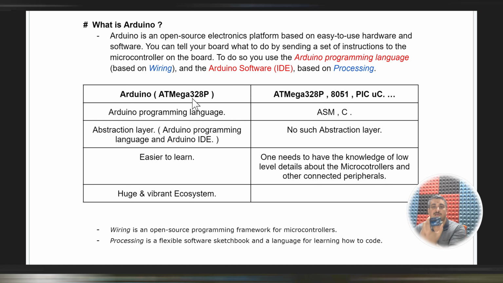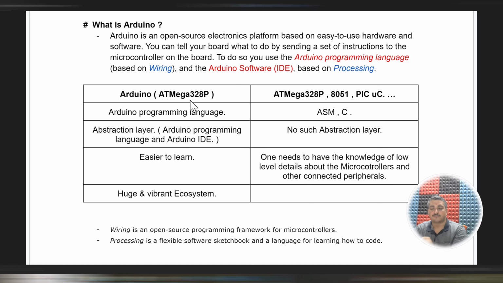For example, in this board they have used this Atmega 328P processor, and along with that they have incorporated many peripherals into this board, and that is how they have made this Arduino Uno board. Also they have developed their own software, which is called Arduino IDE.